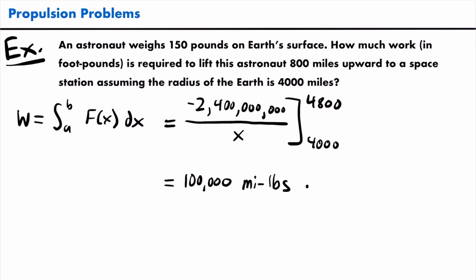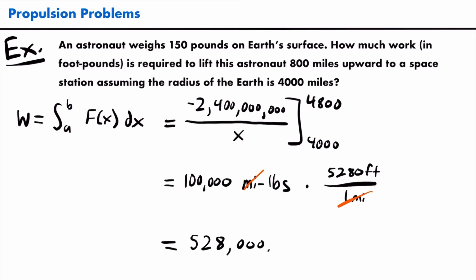But if we multiply this by 5,280 feet divided by 1 mile, because there is that many feet in 1 mile, our mile units will then cancel. And so 100,000 times 5,280 will give us our final answer that this is equal to 528 million foot-pounds. And that is our final answer.